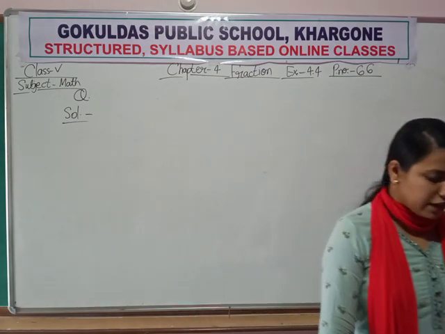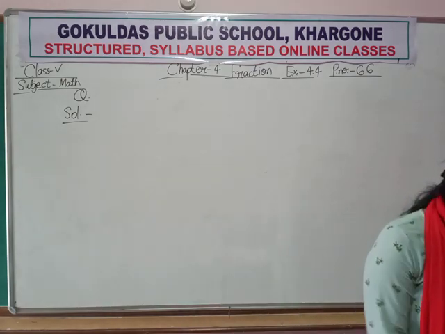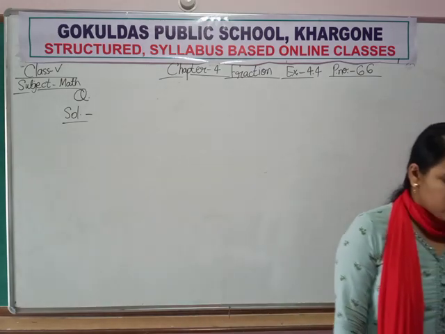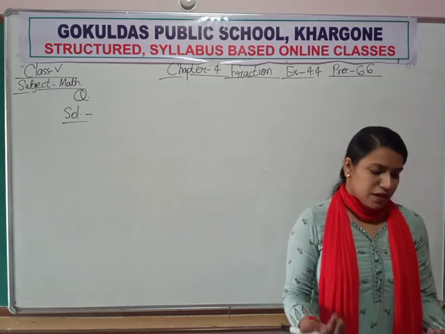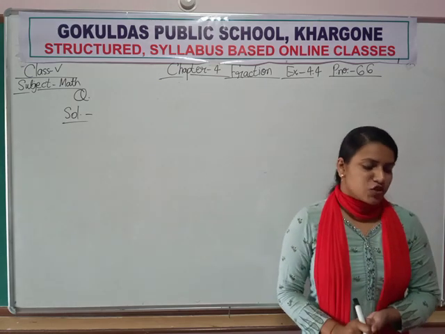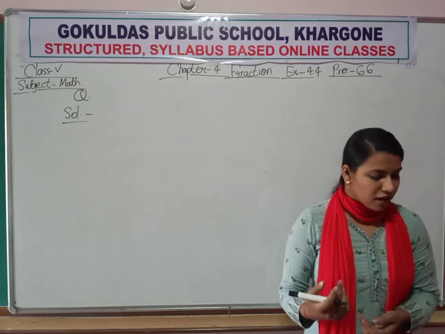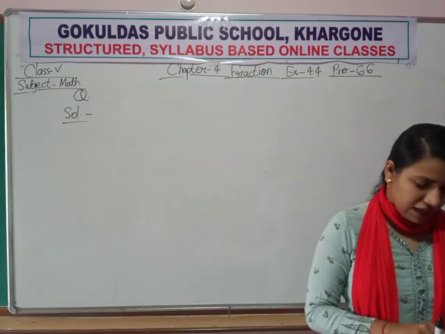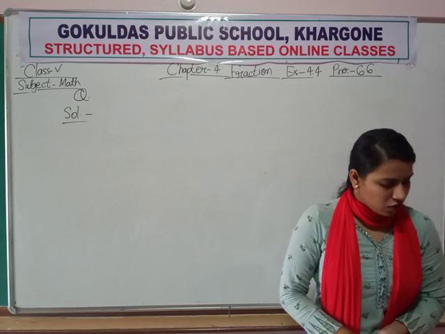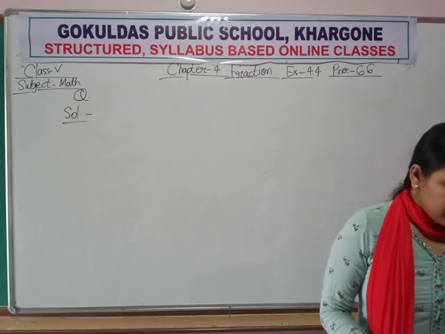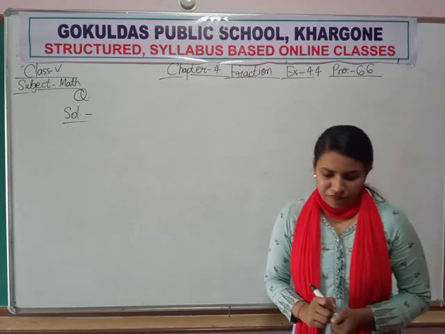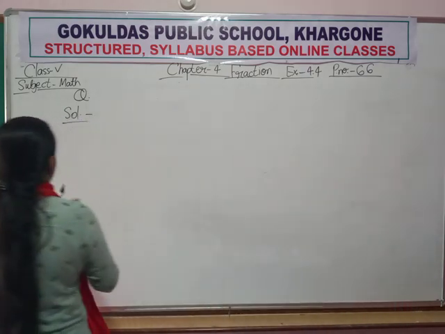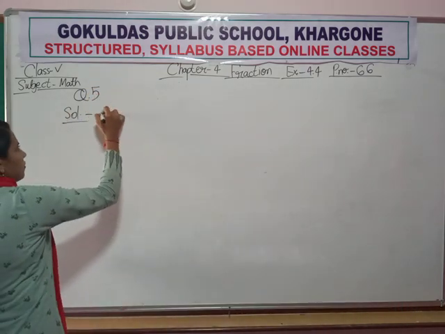Question number 5, read it. Revati travels 2 3/4 kilometer by walking, 3 1/8 kilometer by car. How much more distance does she cover by car than by walking? So here again we need to perform a subtraction operation. Question number 5.